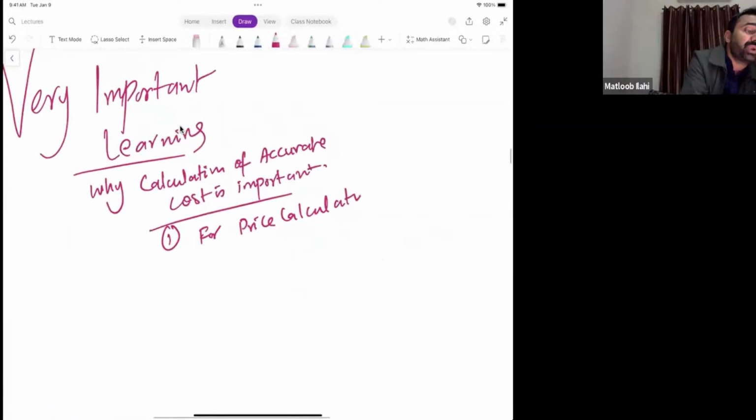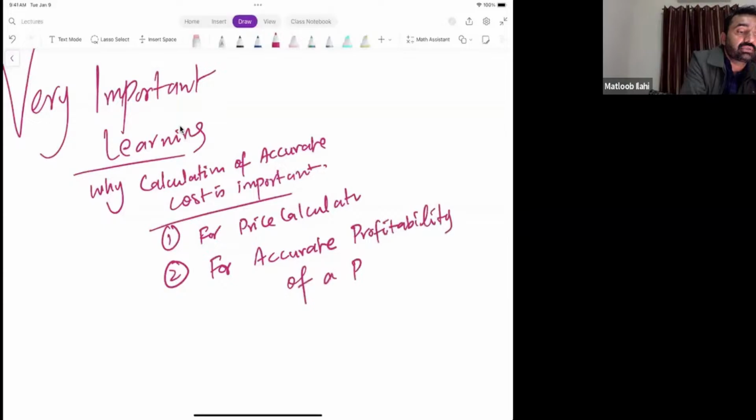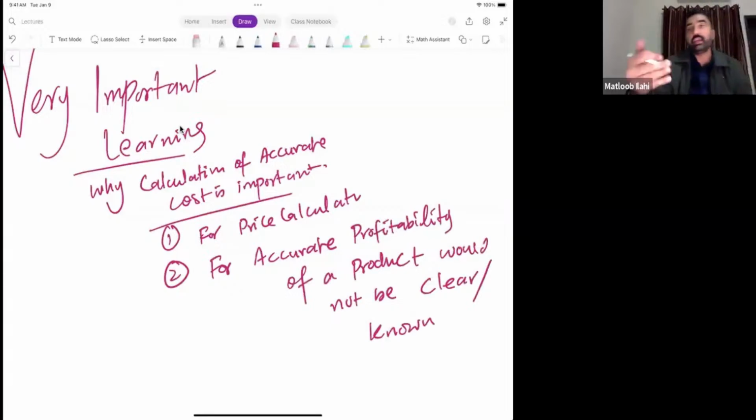And if price is not accurate, then the accurate profitability of a product would not be clear, would not be known if cost is not accurate.